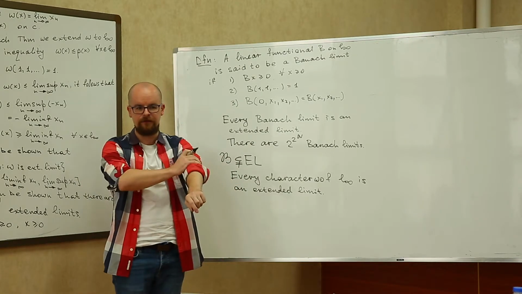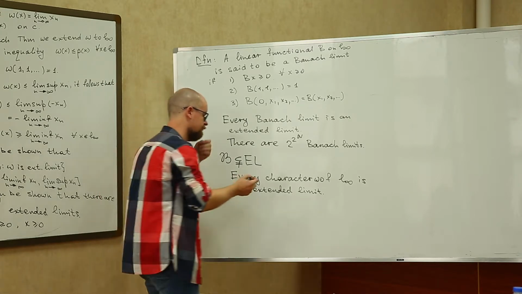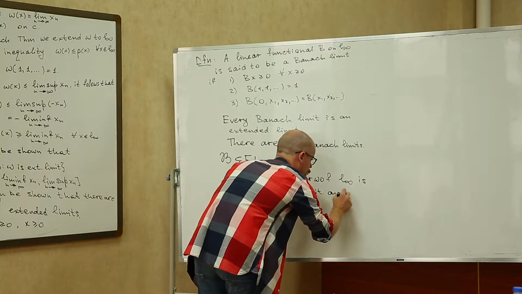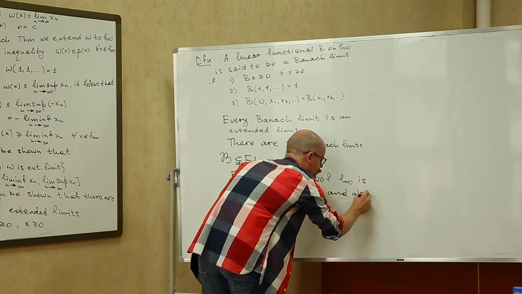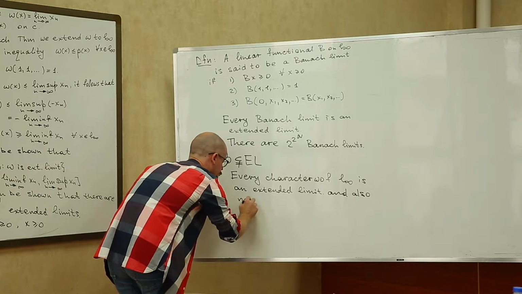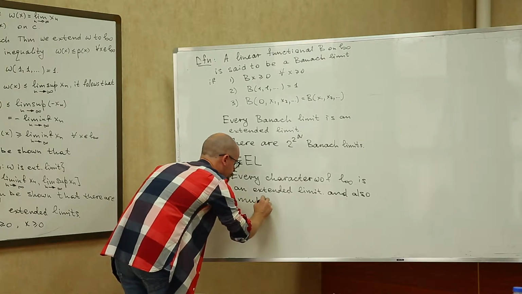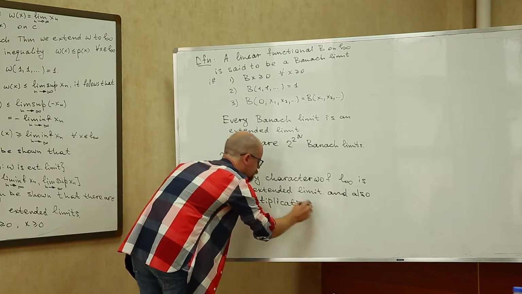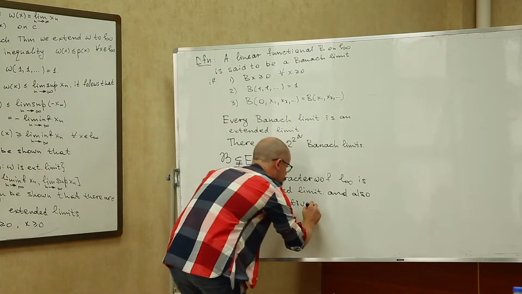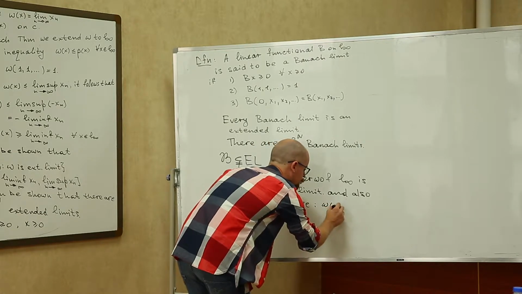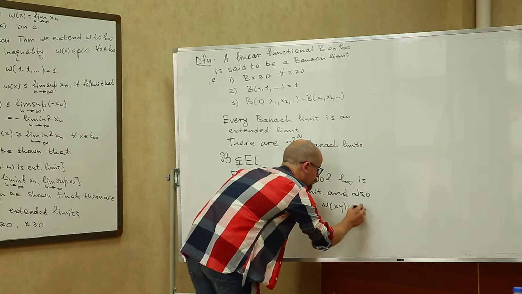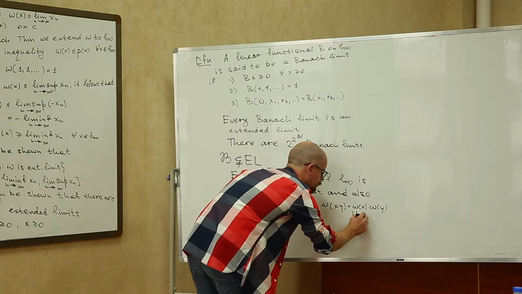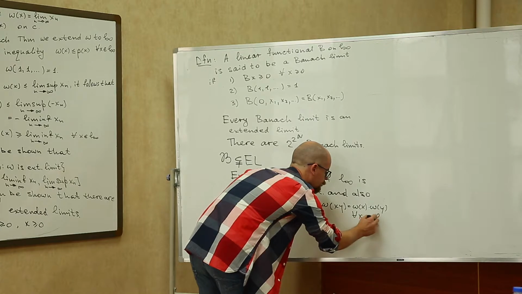But the characters are multiplicative functionals, which means that omega of xy equals omega of x times omega of y for every x and y from L infinity.